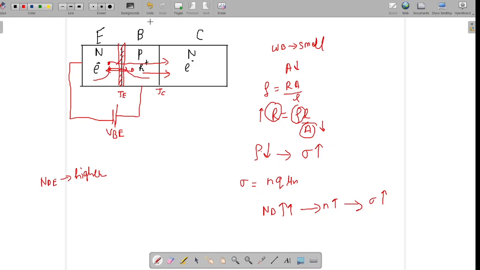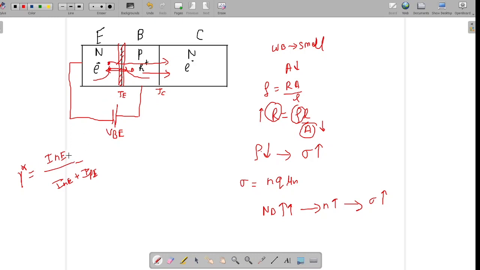For this we have a parameter called emitter injection efficiency, gamma, which is I_NE divided by I_NE plus I_PE. I_NE is the part of the emitter current carried by the electrons going from emitter to base.